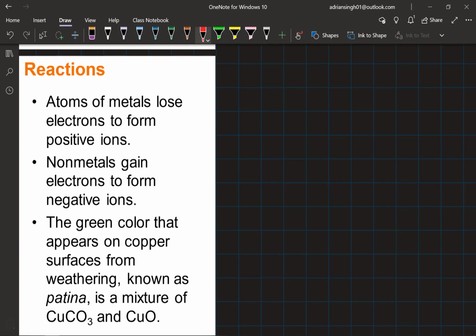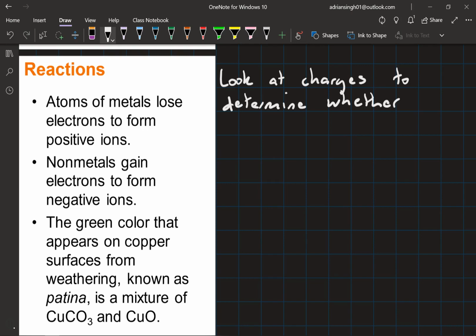And we can actually look at the charges on our substances to determine whether electrons are gained or lost. One thing to keep in mind when we start looking at our charges: remember that elements have no charge, they're neutral.